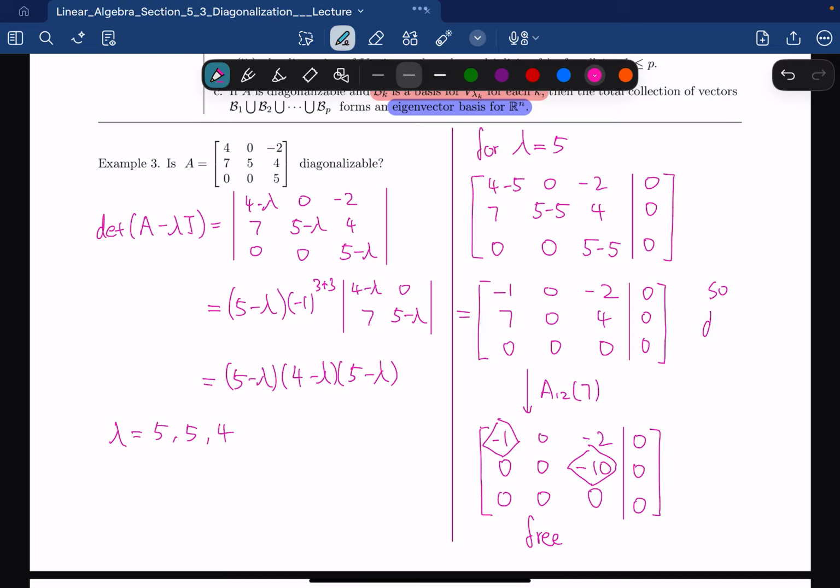So the dimension of the eigenspace corresponding to lambda equals 5 just has to equal 1, which is not enough.